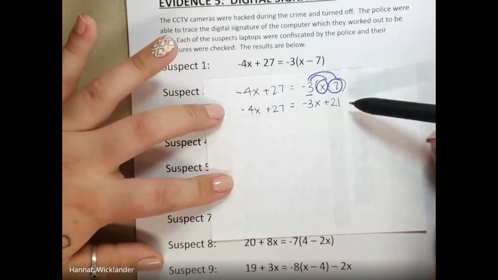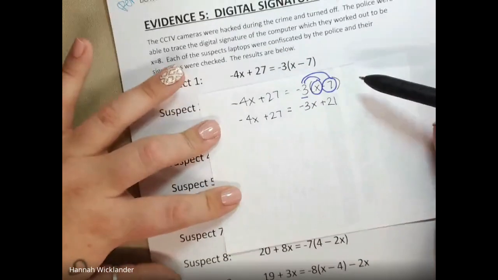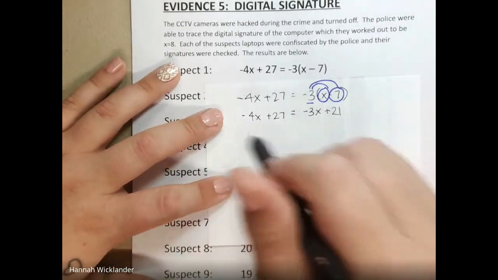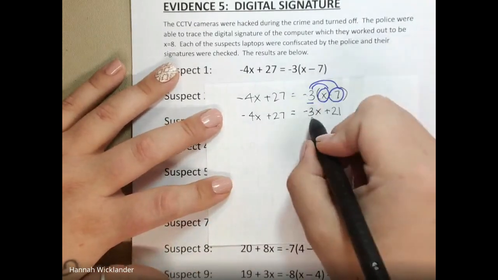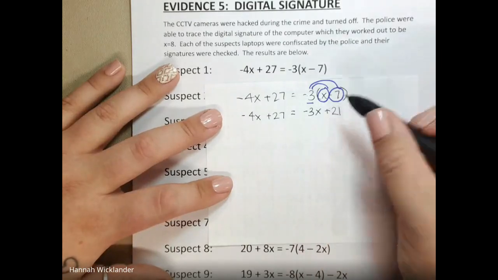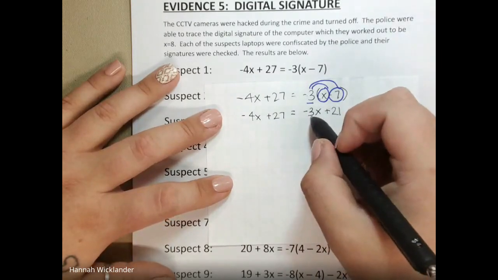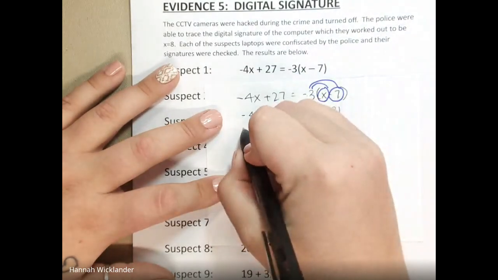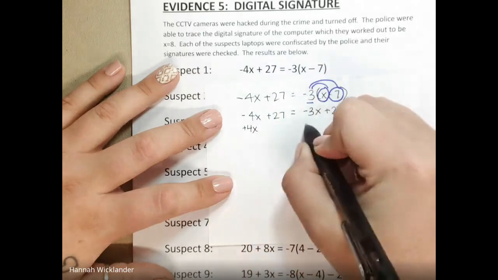All right, so now I have what we were working with on the last one in evidence 4, the equations with variables on both sides. So I'm going to move my variables to one side and numbers to the other. I'm going to choose to bring over the 4 so that I can have a positive variable. So I'm going to add 4 to both sides.